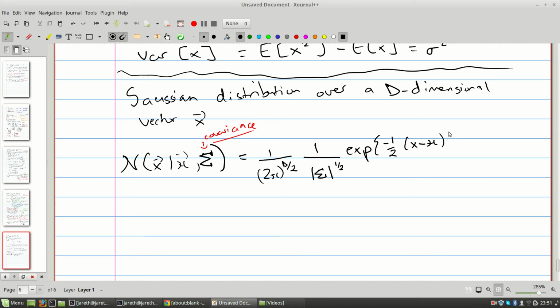I'm abusing the notation a bit here, but you should just get the idea so that you can see the similarities between this and the univariate case. This is essentially what I'm trying to establish here. Let me also denote that this is actually the mean.